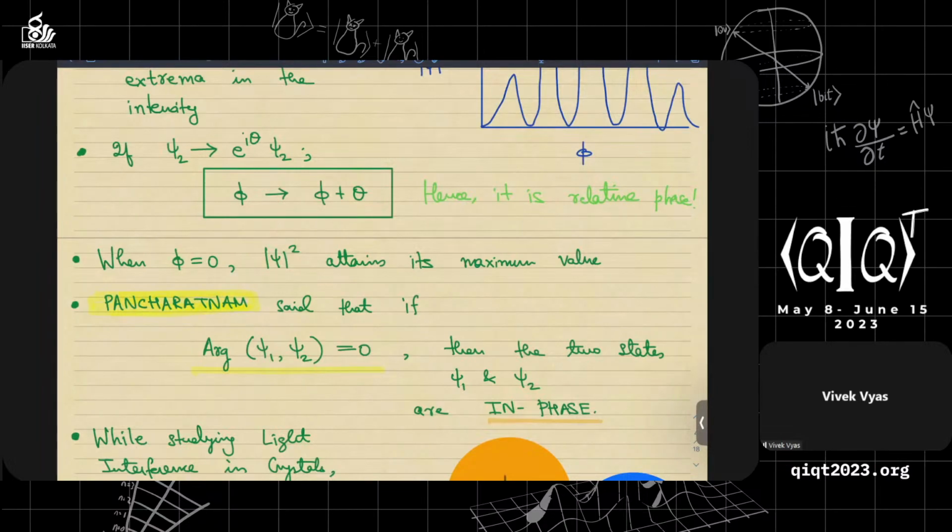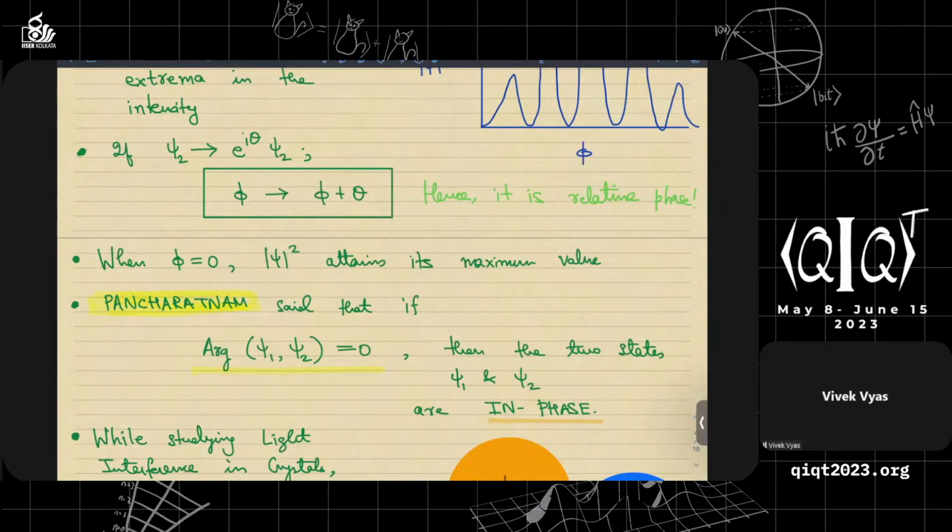The theory of interference for that was not known by then. So he worked it out, and he came up with a criterion. He said that if you have two states, psi 1 and psi 2, such that the argument of their inner product is 0, then you say that they are in phase in the sense of Pancharatnam.